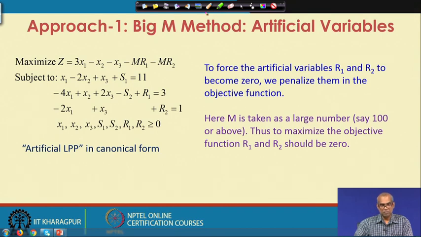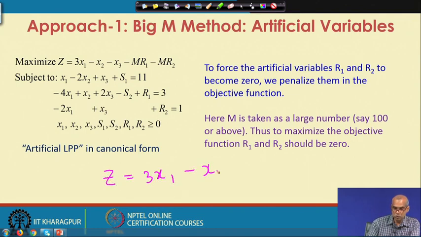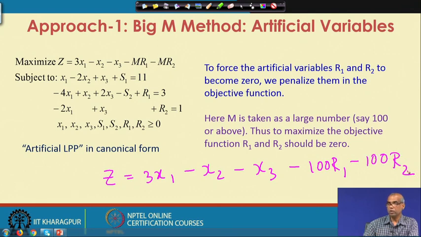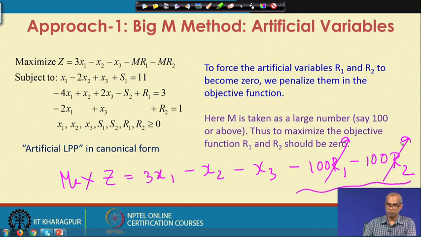Then the objective function can be written as z equal to 3x1 minus x2 minus x3 minus 100 R1 minus 100 R2. Let us say, for example, we have taken M equal to 100. Now, if I want to maximize z, since these artificial variables times 100 are being subtracted from z, to maximize z, we must set R1 and R2 to 0.